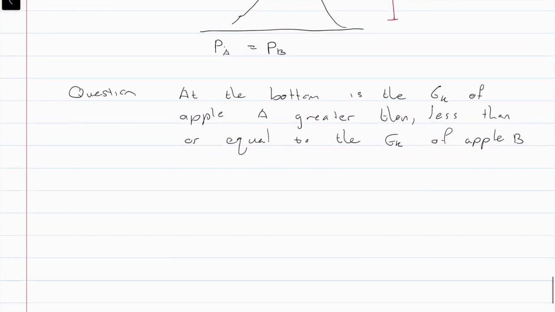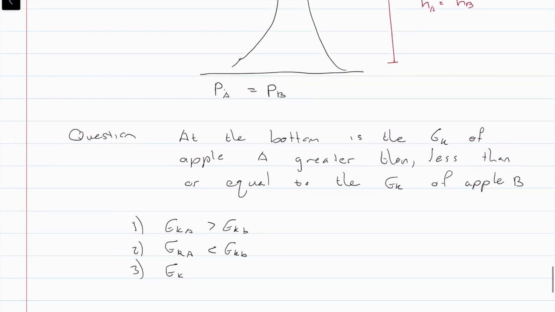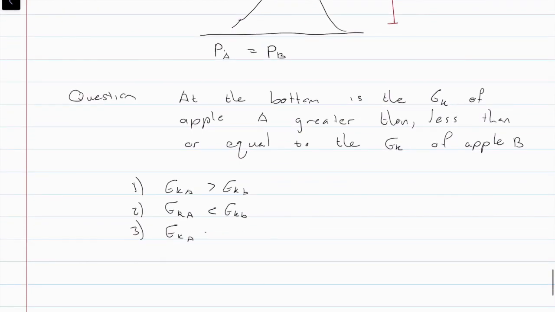So we've got three options: 1, Ek of A is greater than Ek of B; 2, Ek of A is less than Ek of B; or 3, Ek of A is equal to Ek of B.